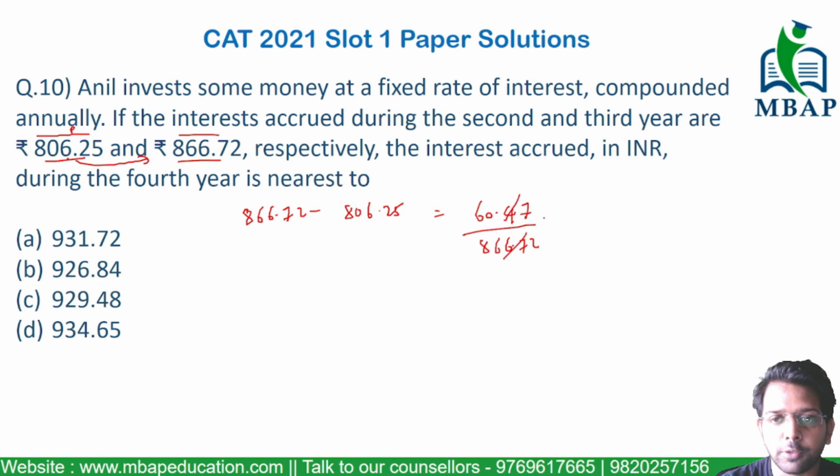Clear? Now this value is close to around 7.5%, which means 7.5% is the compound interest which will be levied year on year.